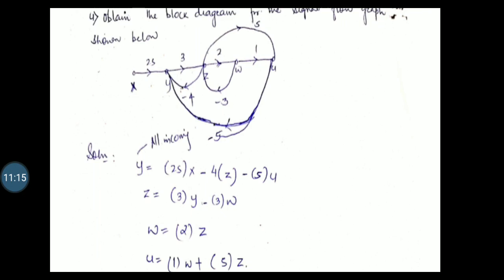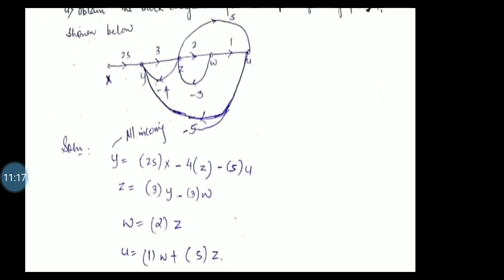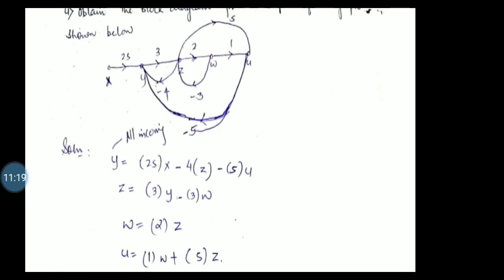So first we'll take y. We have to write y. How many are incoming to that node? Y is equal to 2s into x minus 4z minus 5u.